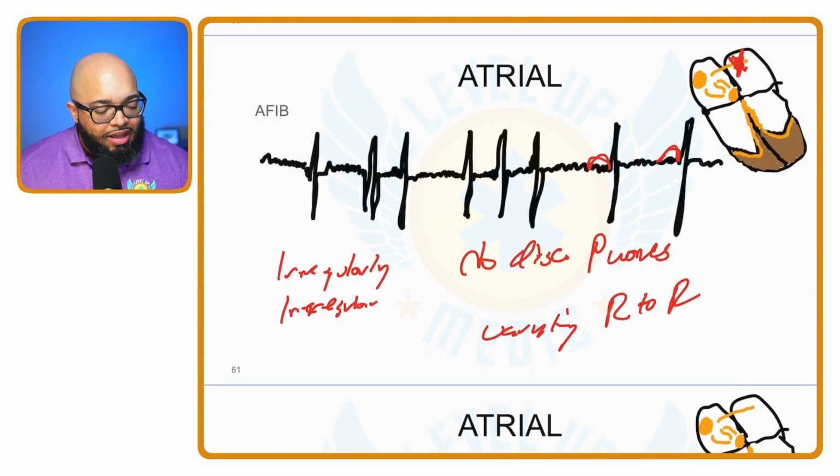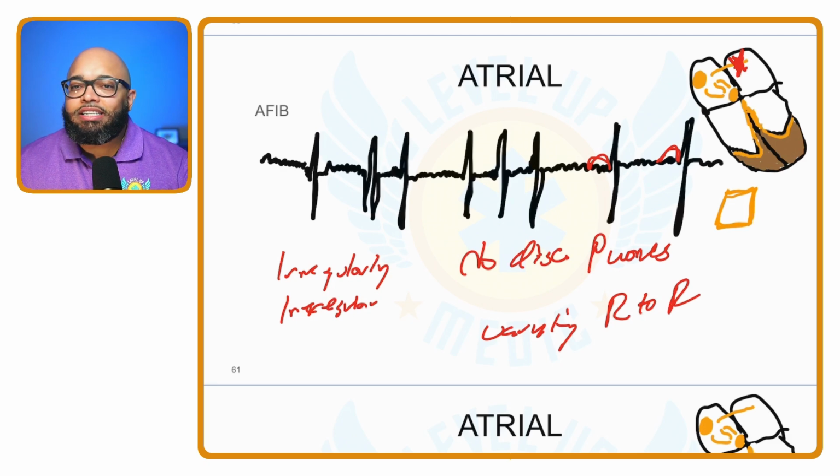Obviously, if we have this blood that's just sitting here and not contracting well, stagnant blood can lead to a clot. We remember this from the clotting cascade and from the prostaglandin synthesis pathway. I'm not going to go far in depth with this, but remember how we have this membrane that's made up of fatty acids and phospholipids.